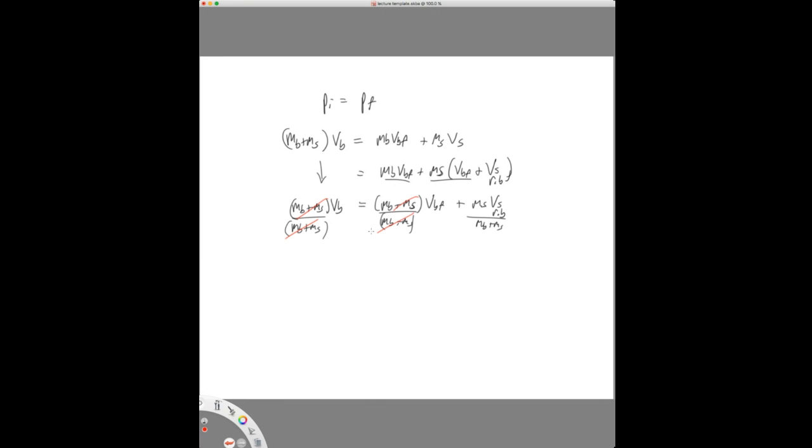Those cancel and those cancel. And what we get then for our V boat final is just the V boat, which really is our initial speed for the second part, or the final speed for the first part, minus M stone, V stone relative to the boat over mass of the boat plus mass of the stone. So I'm going to put in, just so we can make sense of what's going on before we actually put numbers in, what we had before.